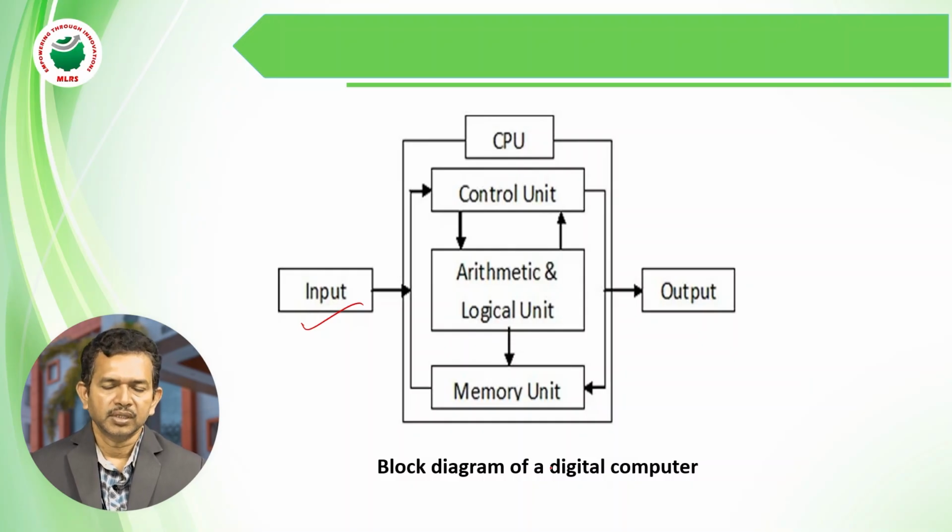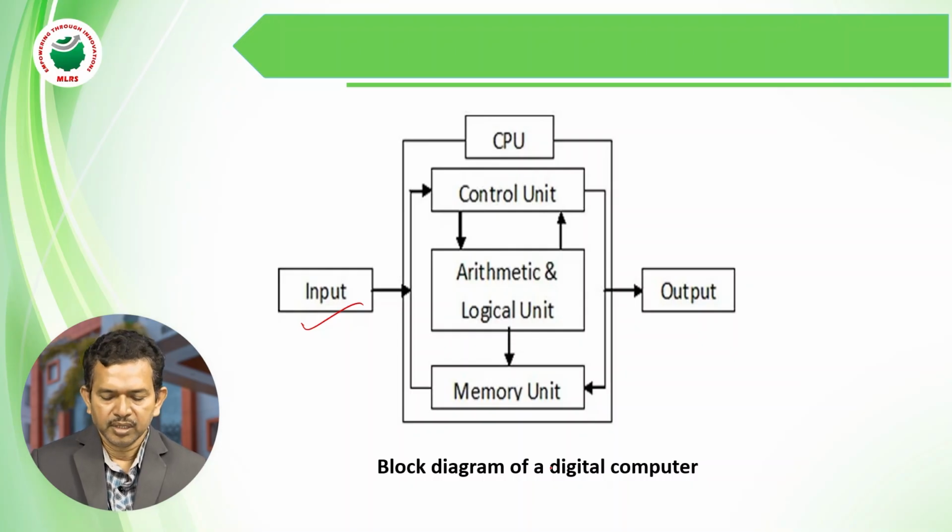The control unit plays a very important role among all these 5 components. Why? Because the control unit transfers the data from the input component to the CPU, and copies the data into the memory unit. Once the data is copied into the memory unit, it transfers that to the ALU.